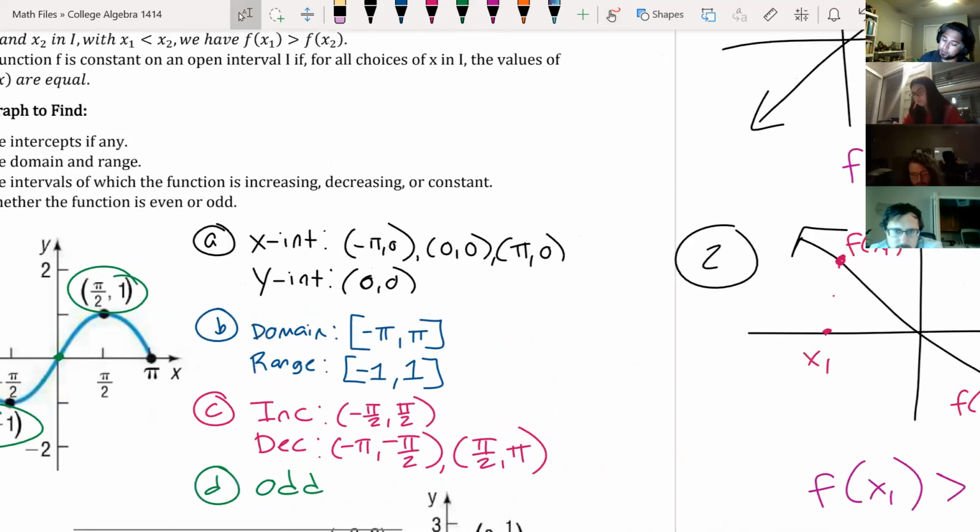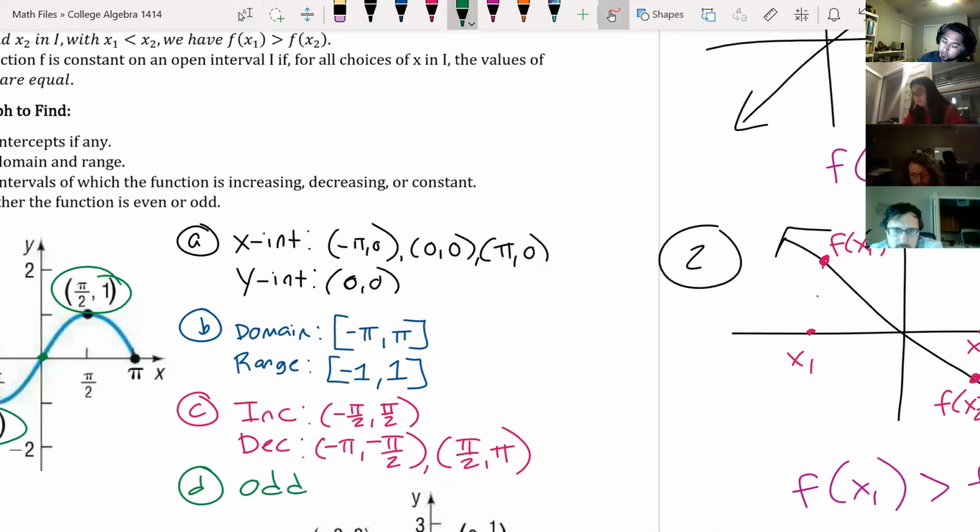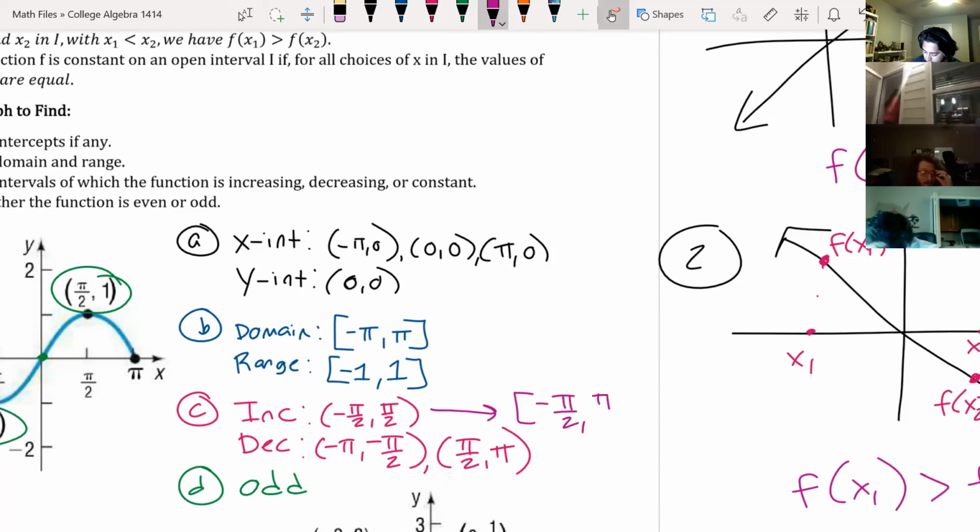My MyMathLab is stupid. Your intervals of increase and decrease might want bracket notation. Remember that from last semester, Carl? Unfortunately, yeah. It's pretty dumb. Best of luck, folks.